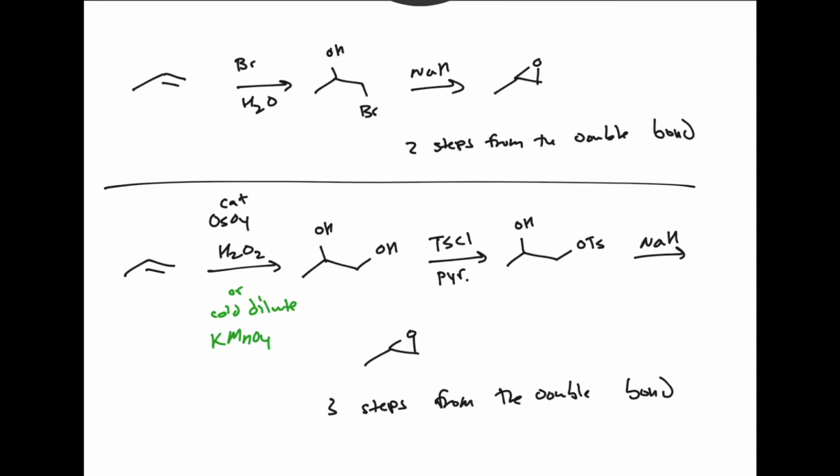So it would be great if we could make epoxides in a single step, instead of having to do all this stuff to the double bond. And we can do that through the second way to make epoxides, which is olefin oxidation.